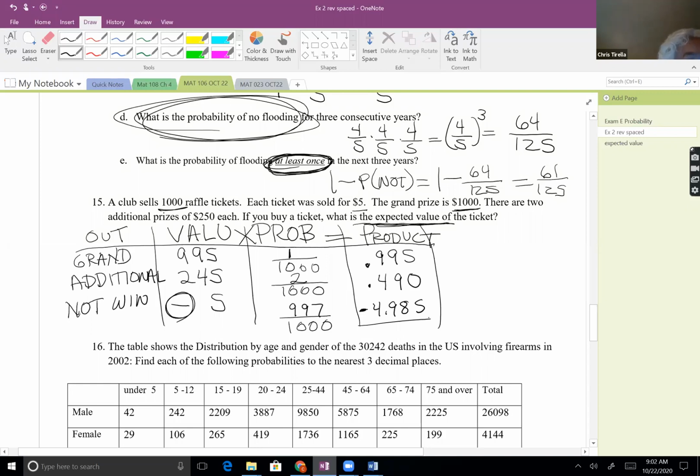And so when I add those, I get negative 3.5. And so I expect to lose $3.50.